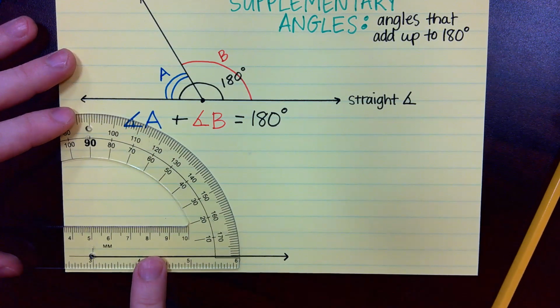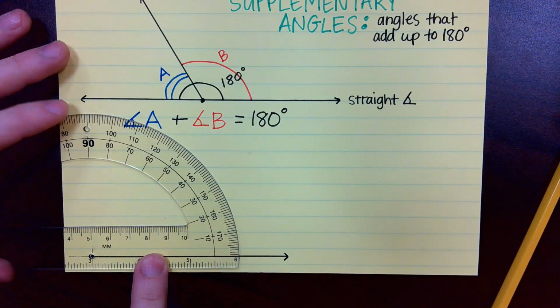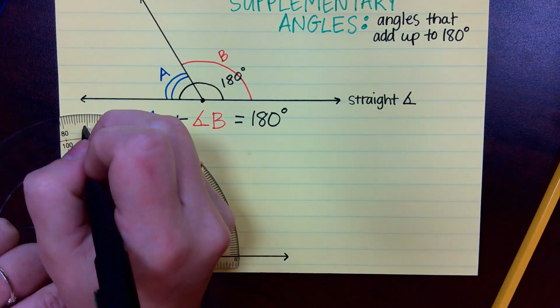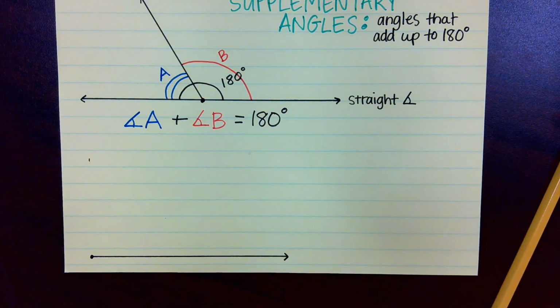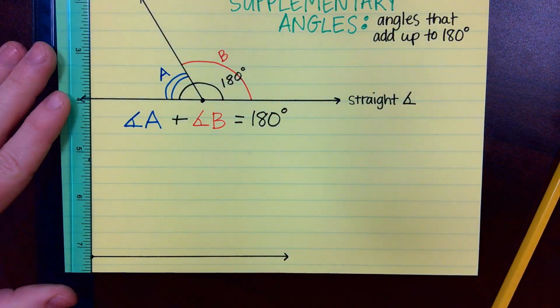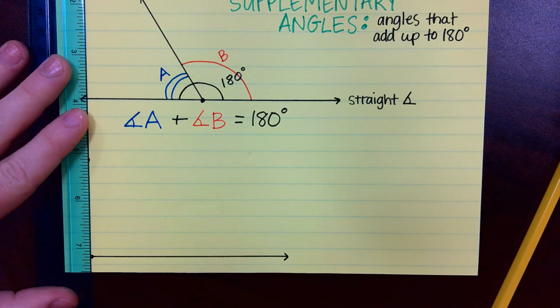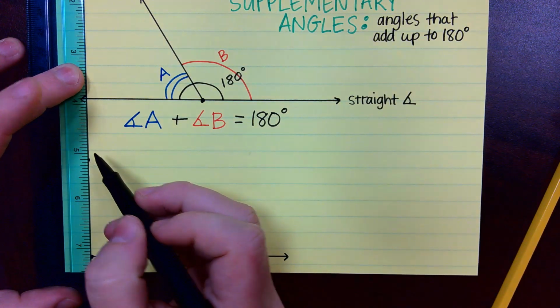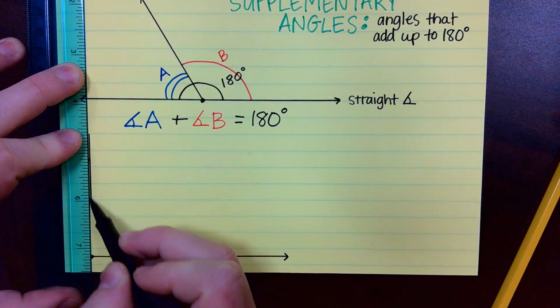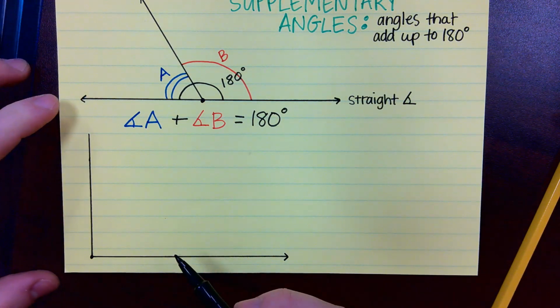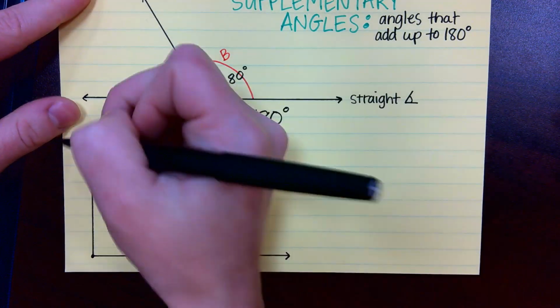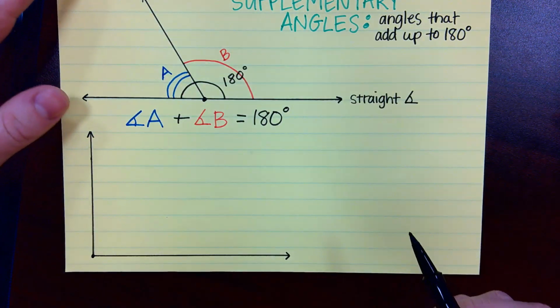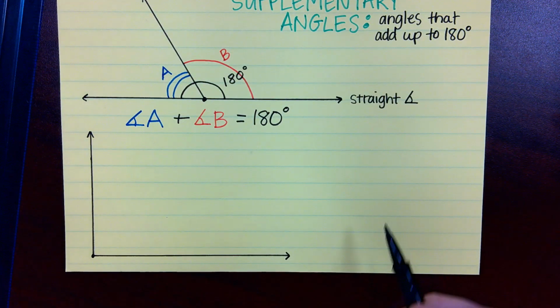Protractor. Triangle. It doesn't matter. If you do it the other way, that's perfectly fine, as long as it's 90 degrees. Protractor on my page. That's okay.